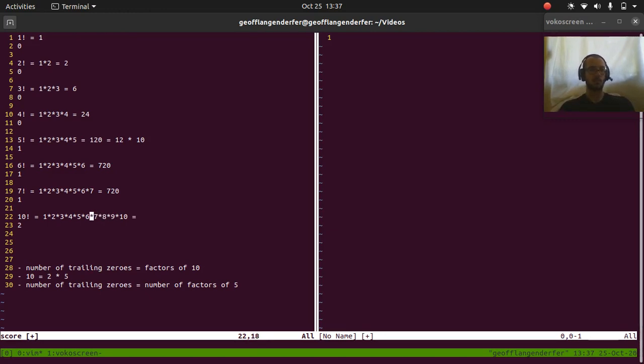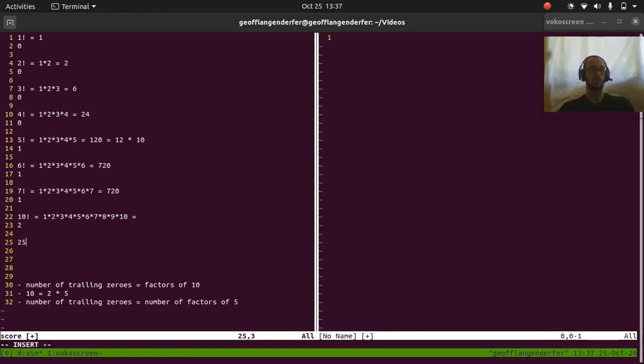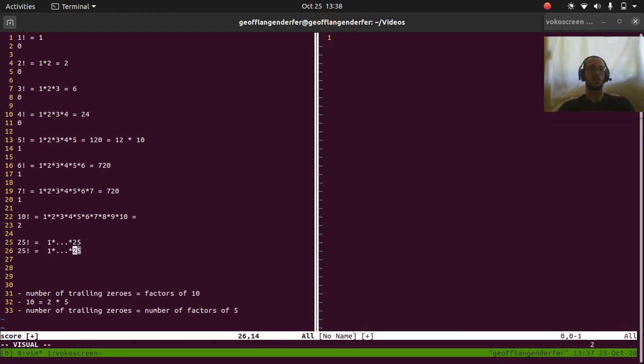Let's say 25 factorial. It's going to end up being 1 times a bunch of stuff times 25, which equals 5 times 5. So you need to grab two 2's from its neighbors to make a factor of 10.